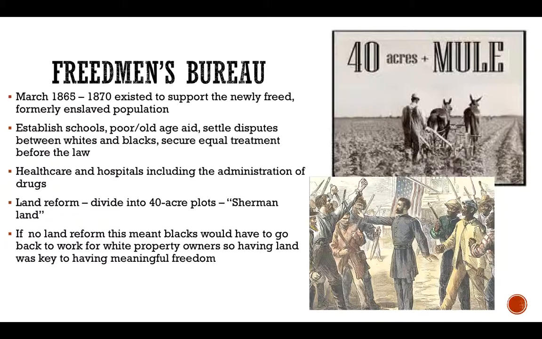So the court system was still not particularly keen on dealing with issues in which one side was white and one side was Black. So the Freedmen's Bureau often intervened in these cases.